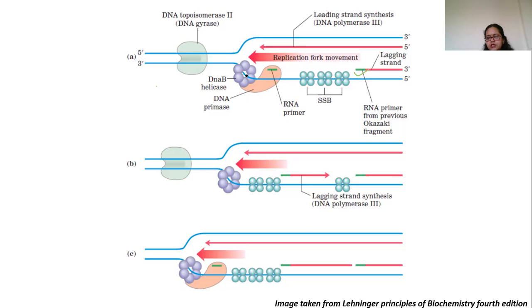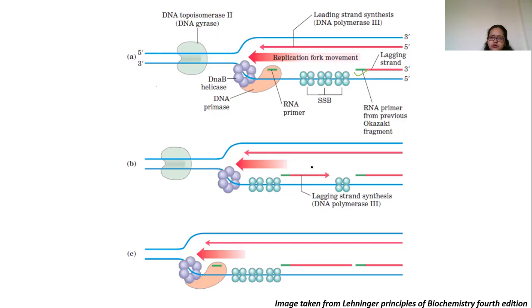DnaB helicase helps in unwinding, while DNA primase synthesizes the RNA primer for the next Okazaki fragment. Once replication starts, the leading strand is moving towards the replication fork while the lagging strand is moving away from it. This produces some strain, and that strain is relieved with the help of DNA topoisomerase II, or DNA gyrase enzyme.